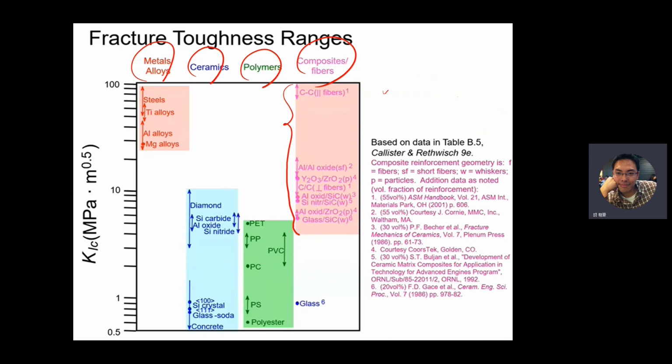From this figure, ceramics always have lower fracture toughness. If there is a void, flaw, or crack inside a ceramic and you keep applying stress, what's going to happen? It will fracture immediately or catastrophically, because there's no plastic deformation within ceramics.